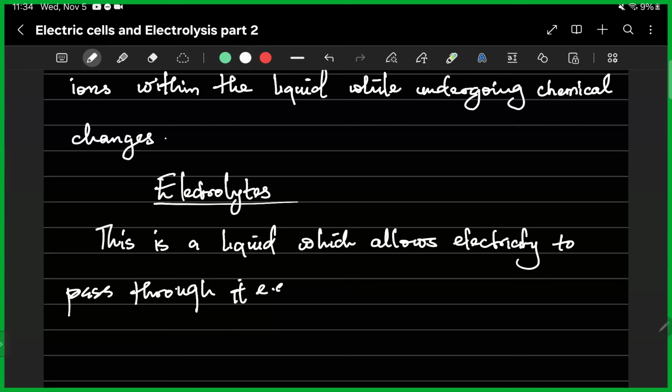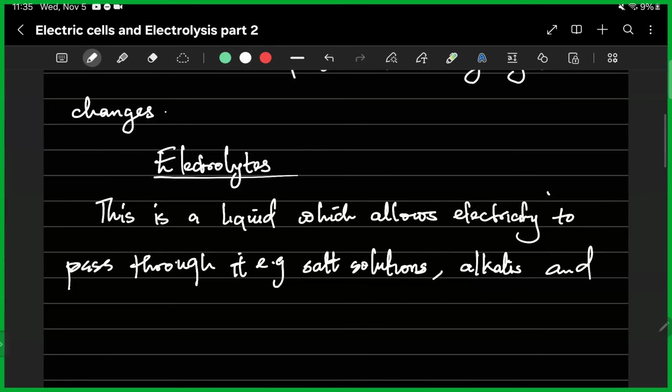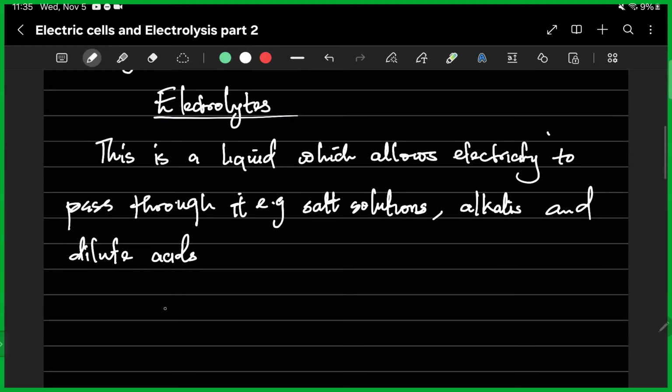For example, you have salt solutions, alkalis, and dilute acids. So those are electrolytes.